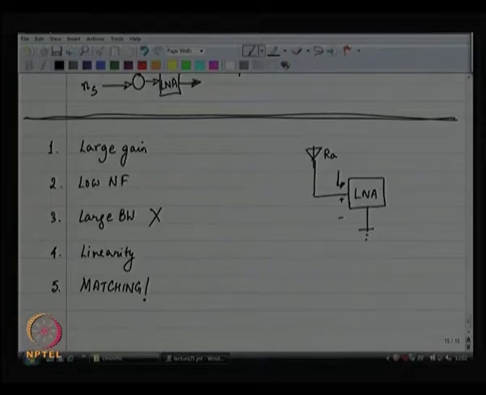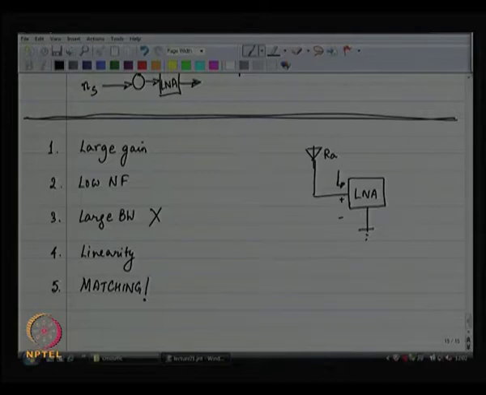So, that is why you want to do maximum power transfer. Now, all this happens when you do matching, when you match the impedance of the antenna to the impedance of the low noise amplifier. All right.